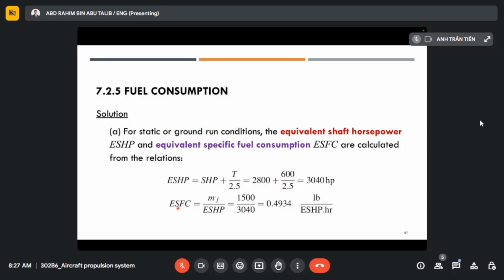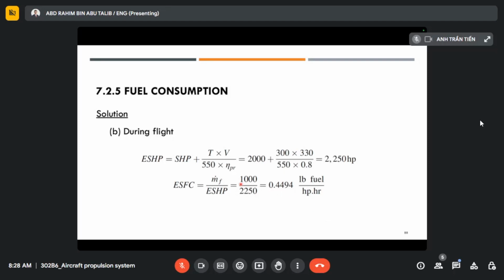Right? For the equivalent specific fuel consumption, the m dot F is 1,500, given already. You put the value that you already calculated for ESHP into this expression. You can now get the equivalent specific fuel consumption to be 0.4934 pound per ESHP hour. Right? So you are already done with part A for the static condition.